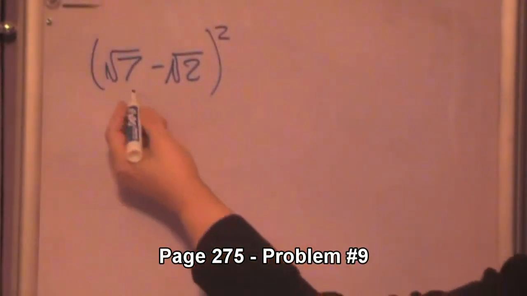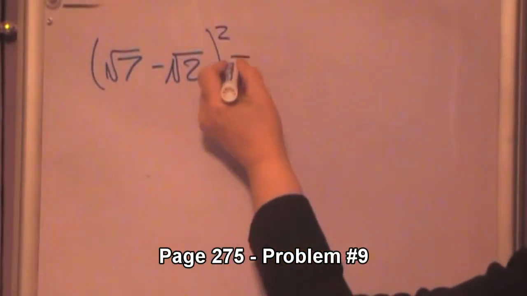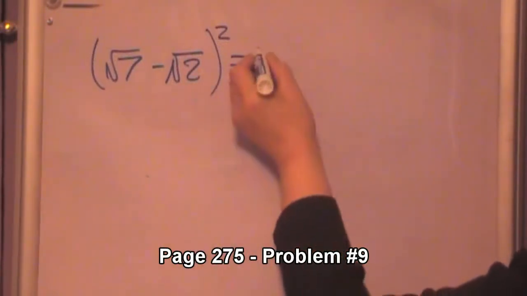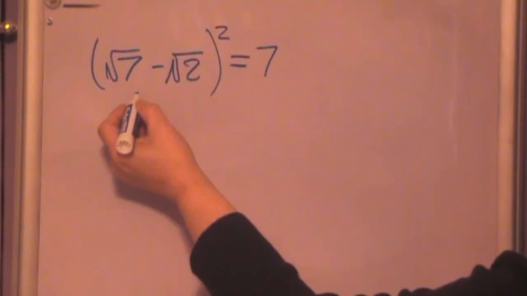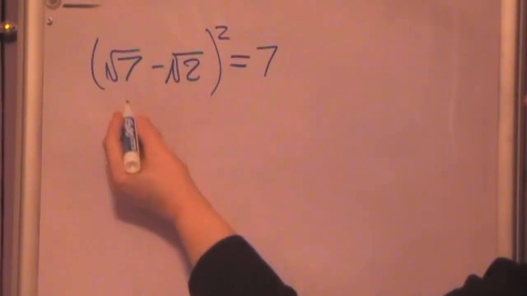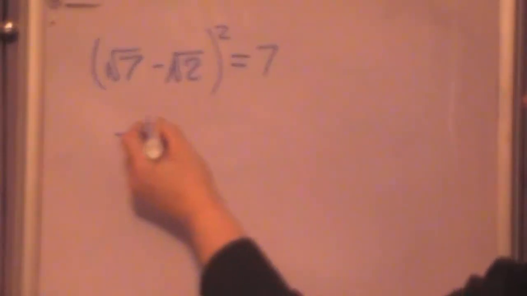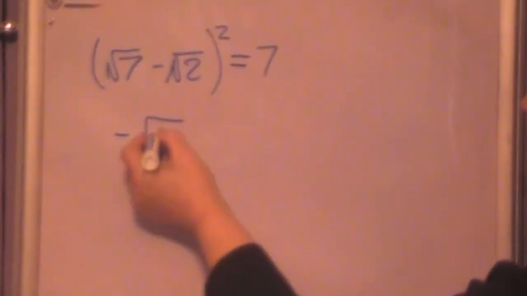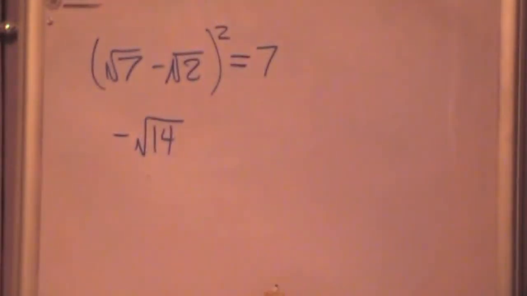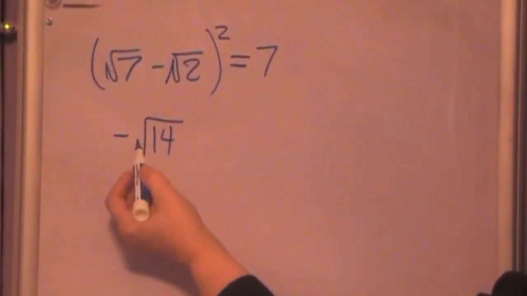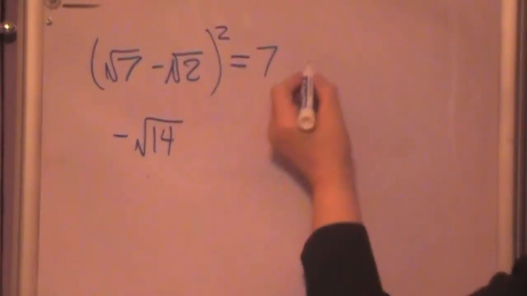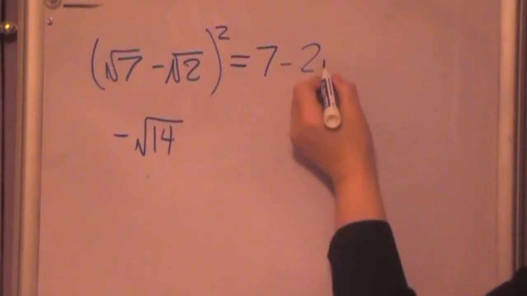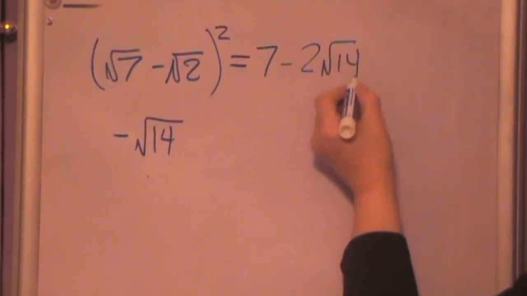Okay, now remember, squaring a binomial is the square of the first term. Root 7 squared is 7, plus twice the product of the two terms. So the product of the two terms is minus root 7 times 2, or root 14. And if we multiply this by 2, we get minus 2 root 14.